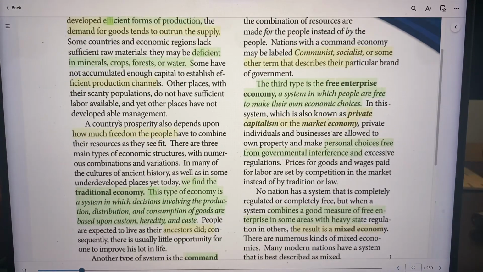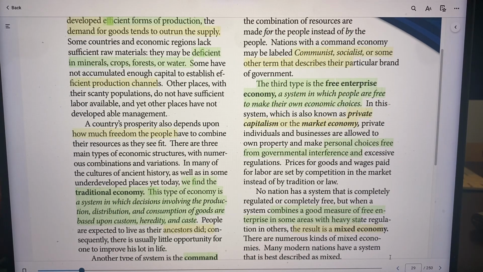And then we have the free enterprise economy. Sometimes that is called capitalist, although capitalist is not a good name for it. The free enterprise economy is a system in which people are free to make their own economic choices. Private control is considered capitalism, or a market economy, sometimes called a free market economy.